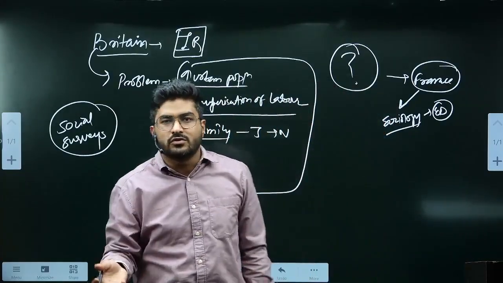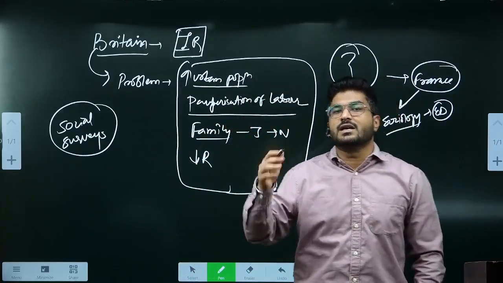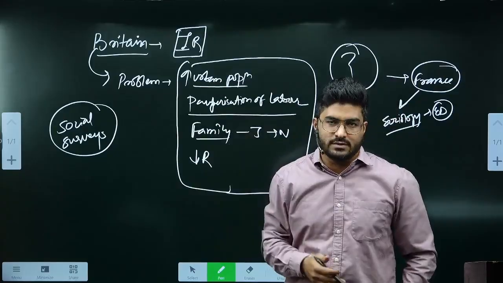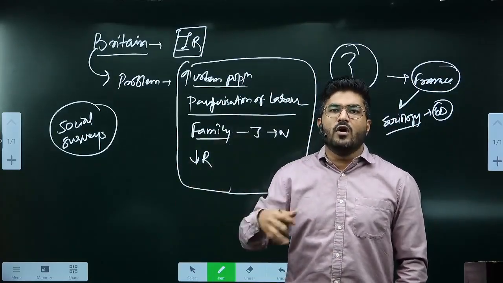Whatever problems the society was facing, we as a class were trying to help the lower class. We upper class people, the people who have attained power, want to help the lower class.